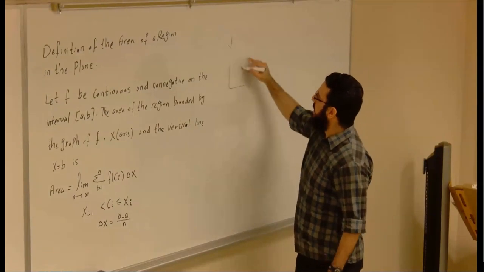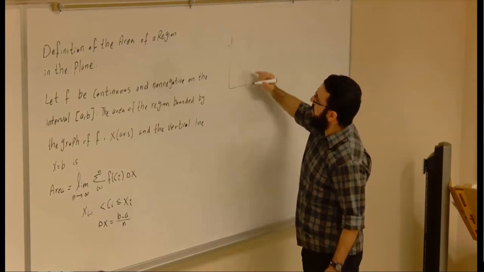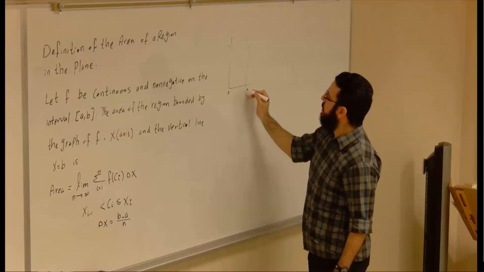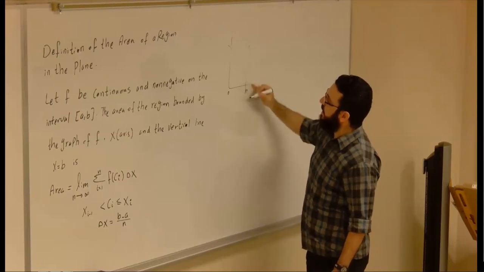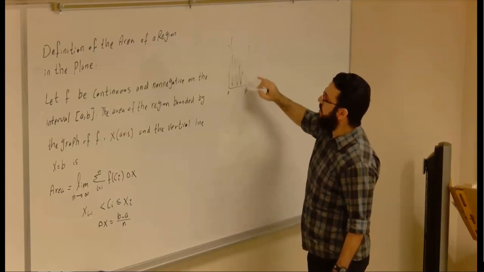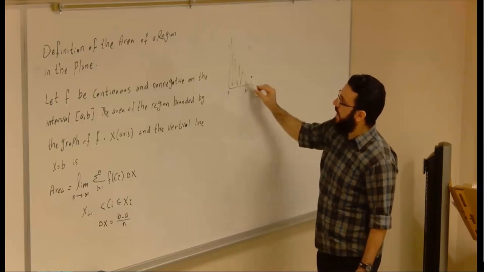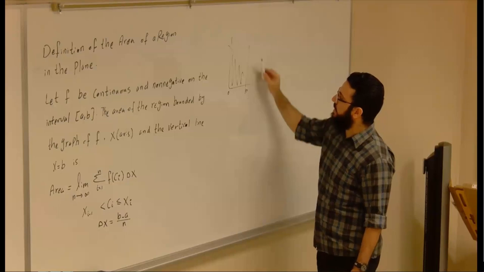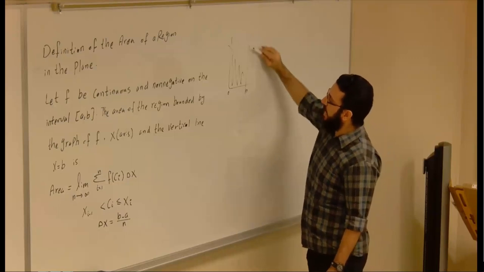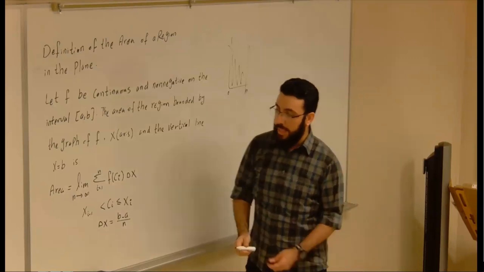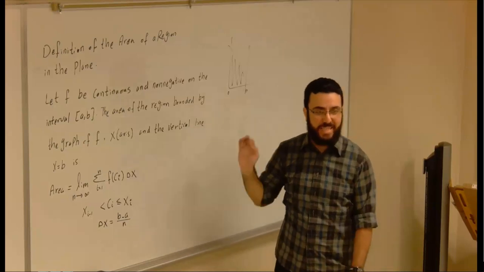Like, here's the graph. I need to find the area until here, from 0 to b. So until this vertical line, that's what I need to find. The area between the graph of f, the x-axis and the vertical line x equals b, that's going to be the exact area.